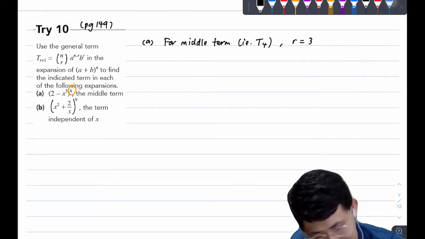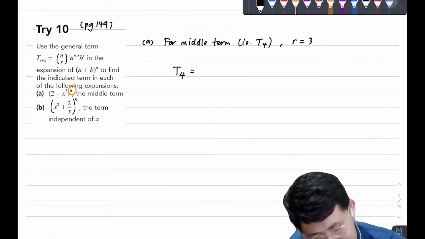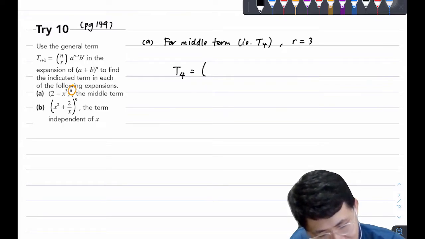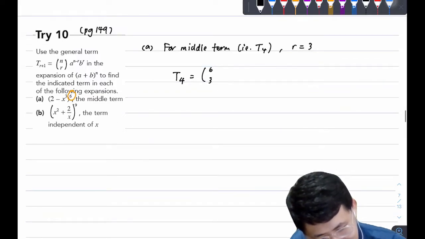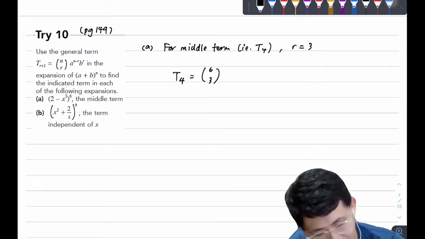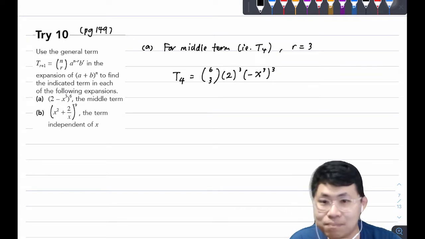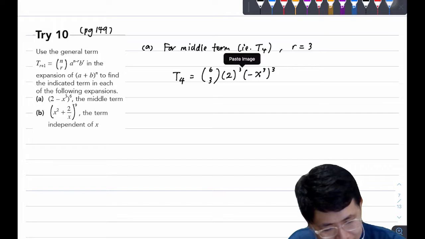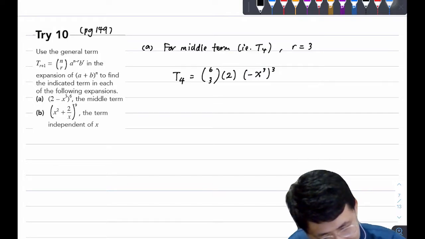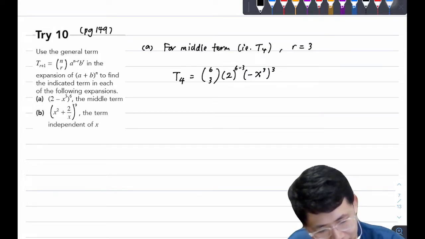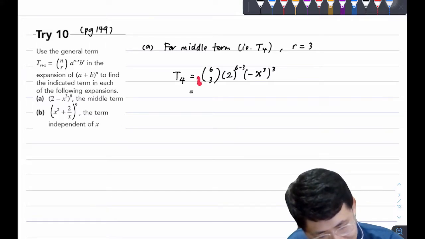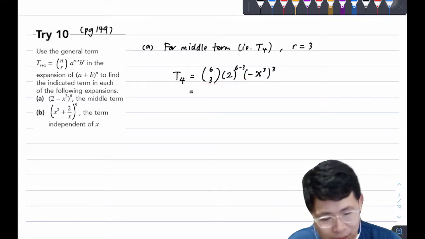So the middle term, t4, is going to be equal to n choose r, where n is 6 and r is 3: 6 choose 3 of a to the power of n minus r times b to the power of r. If you cannot see, this would be n minus r. So let us use the calculator to evaluate this part over here.